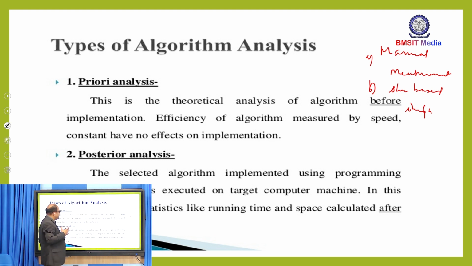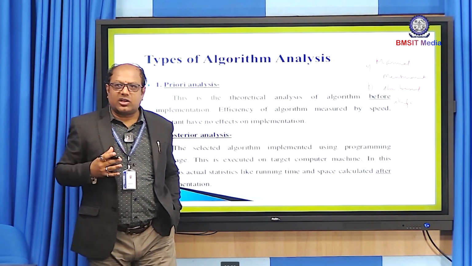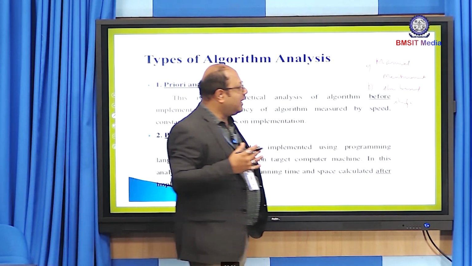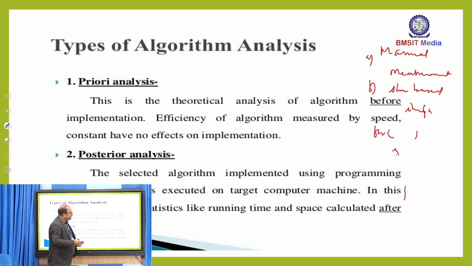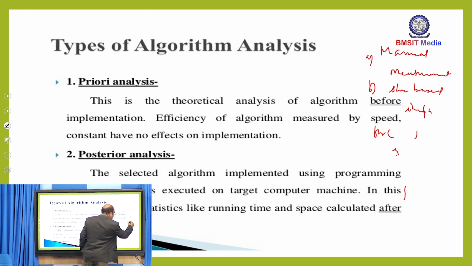What exactly happens here is, the first one is priori analysis. Priori analysis means whichever algorithm you take, suppose a for loop is there, an if statement is there, etc. It may be for a selection sort, radix sort, heap sort, quick sort, merge sort, etc. For that matter, I can write this algorithm manually on a paper or a book, and I can count the number of times this particular loop is going to execute.